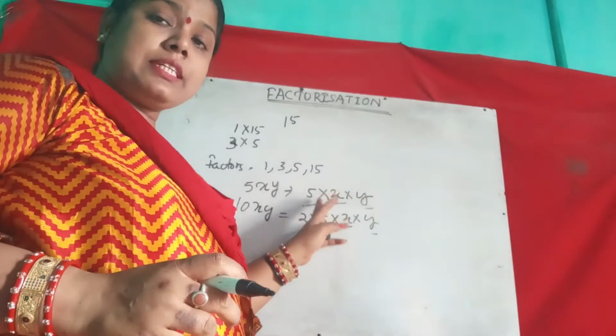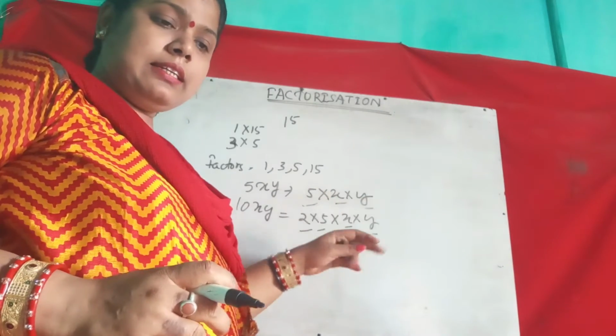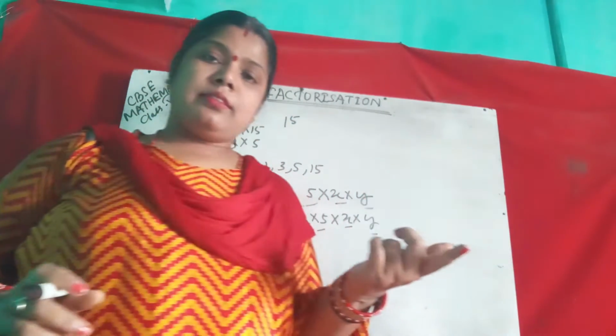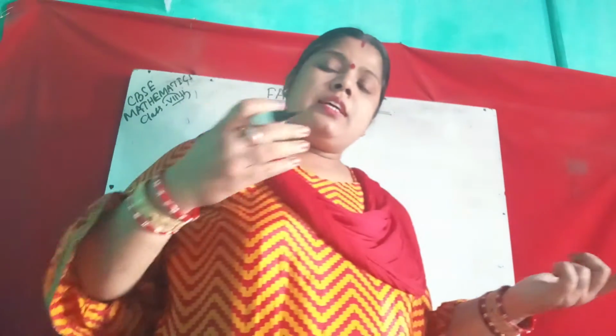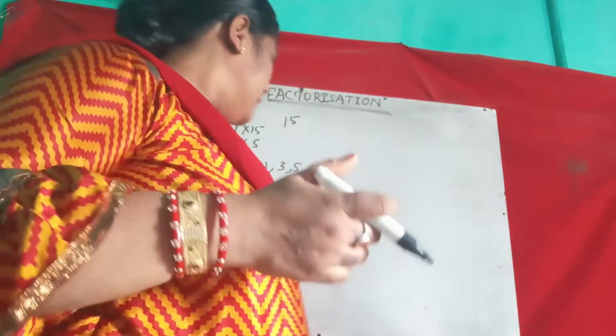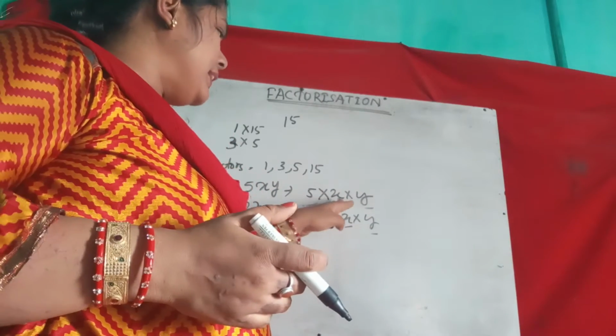These factors may be numbers, or variables, or expressions also. Here 5 is a number and x, y are variables.